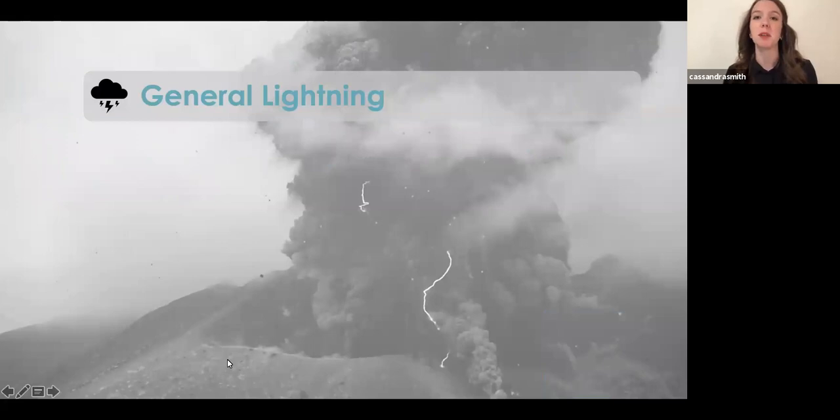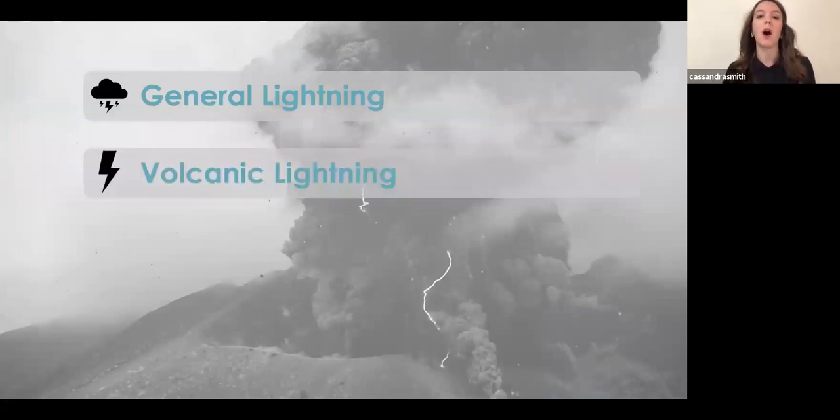This talk is going to be divided into 4 main sections. I'm first going to talk a little bit about general lightning, how it forms, some of the vocabulary that goes along with that, just so we can all get on the same page. I'll then talk about volcanic lightning specifically, and how it uses some of the same terminology as general lightning, but also there are some different classifications and charging involved.